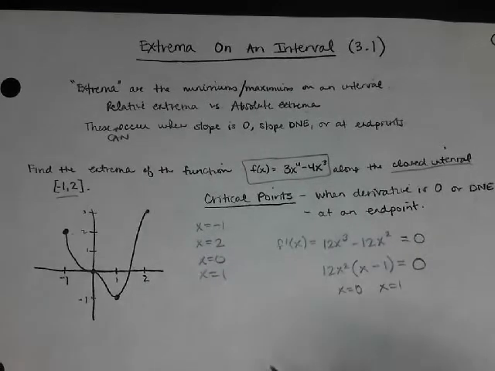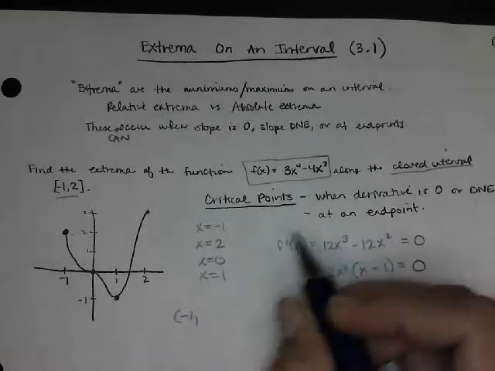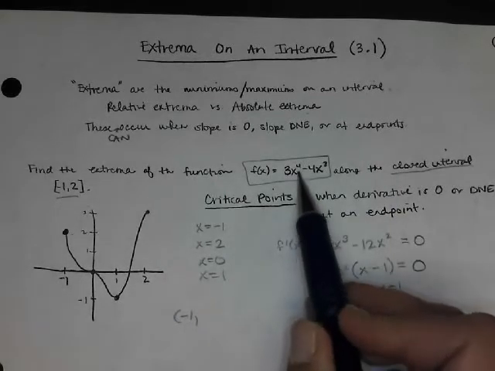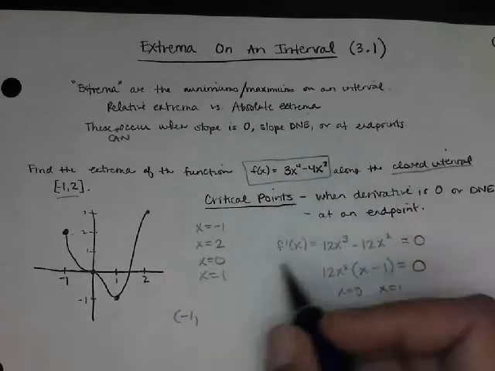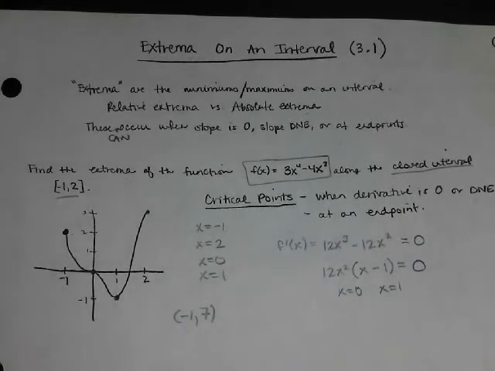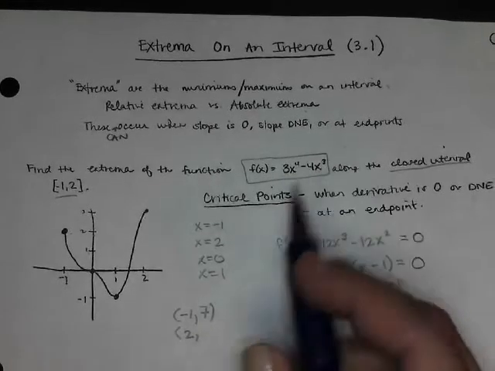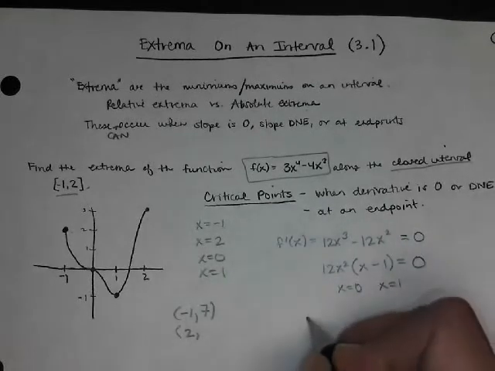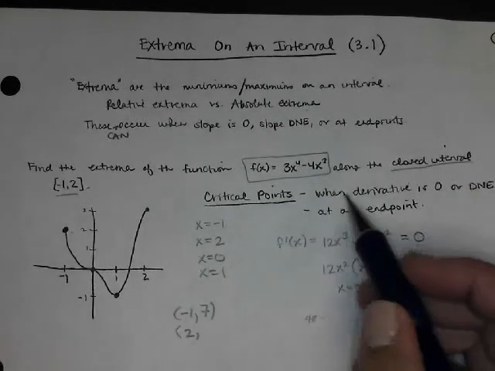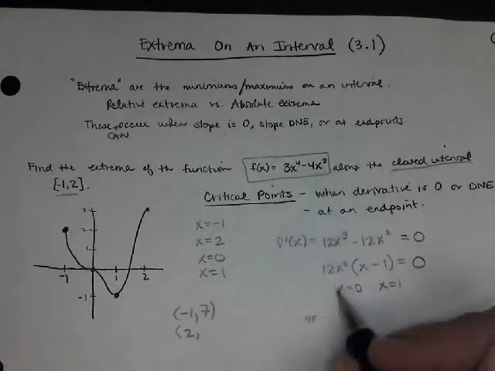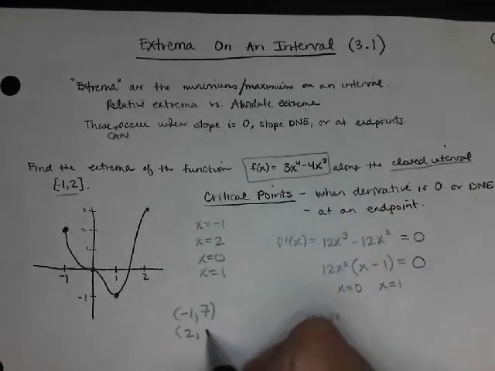So you want to check all those points. For -1, you just plug it in, and you'd get 3 plus 4, which is 7. If you plug in 2, you're going to get 2 to the 4th power, which is 16. 16 times 3 is 48. Just do a little scratch work over here. 48 minus 2 cubed, which is 8, 8 times 4 is 32, so that would be 16.